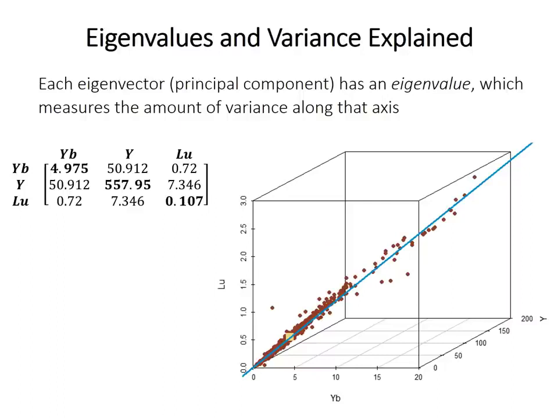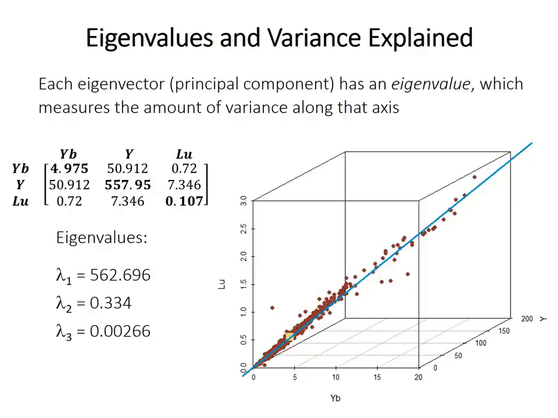So each eigenvector, or principal component as we can call them here, has something called an eigenvalue. I explained what that was in the Mahalanobis distance video as well, but in this situation, the eigenvalue measures the amount of variance along that axis. As I said in the previous slide, the eigenvectors are ordered in terms of decreasing variance explained.